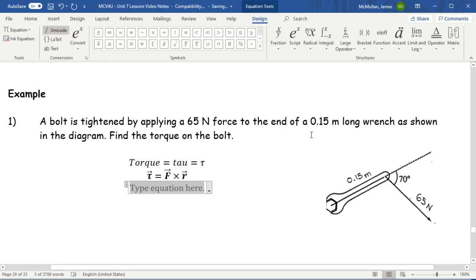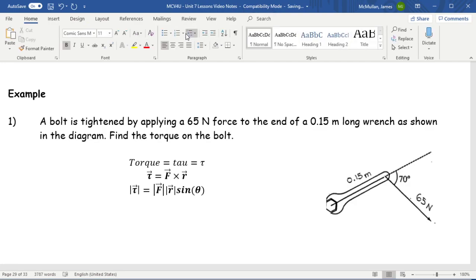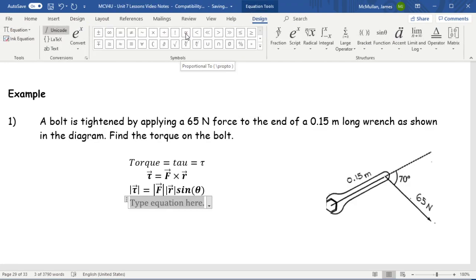Now we know that the magnitude of the torque, so magnitude tau, is equal to the magnitude of F. So just from our formula from our cross product: force times radius times sine of the angle, right? That was our formula there. So we just get 65 times 0.15 times sine of 70.